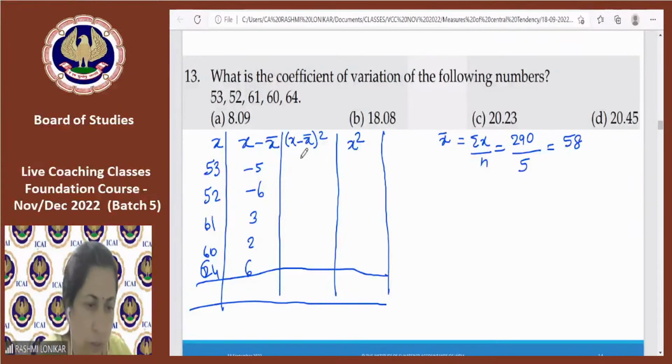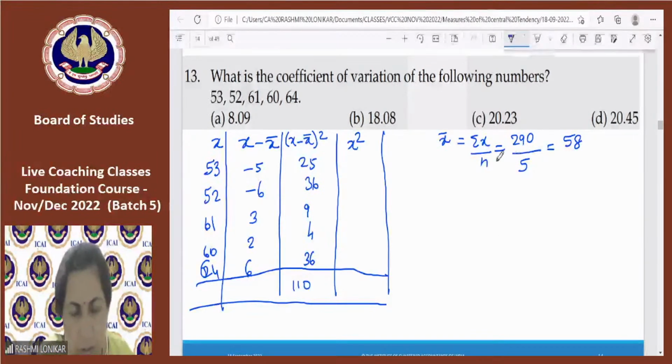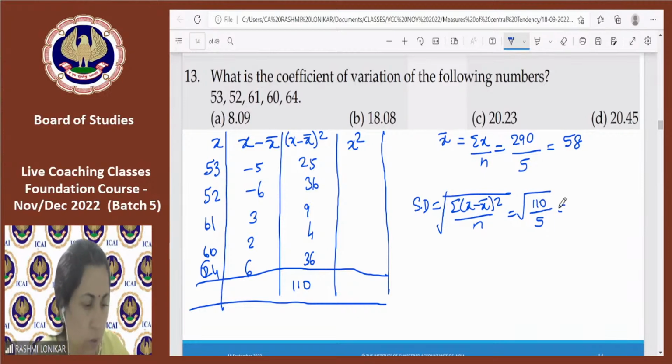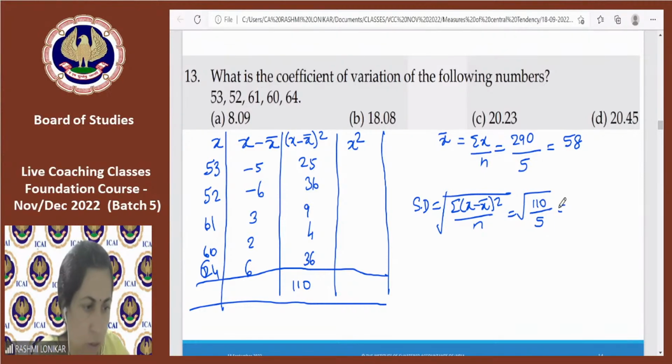Okay. Now what will the squares be? 25, 36, 9, 4, 36. So we have 72 plus 25 plus 13, so this is 110. Okay, so standard deviation will be equal to square root of summation x minus x bar whole square upon n, which is equal to square root of 110 upon 5, which is equal to 22.